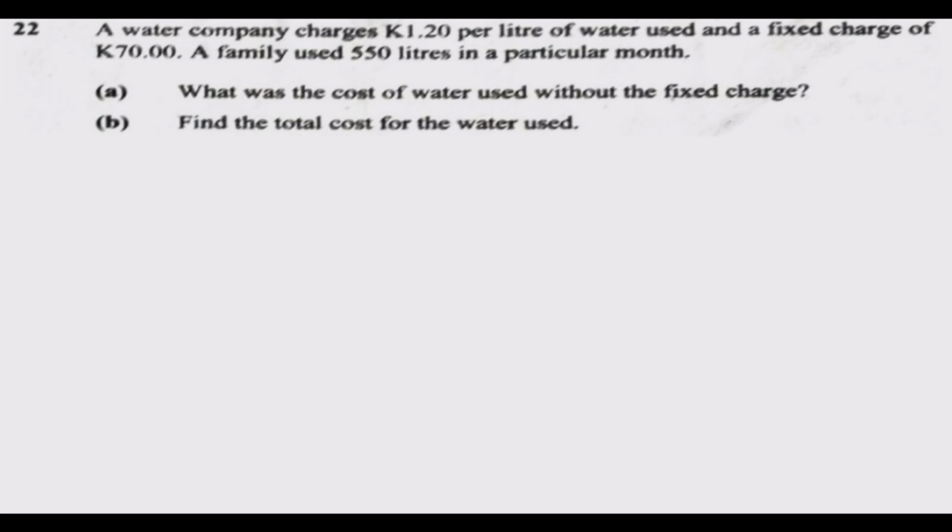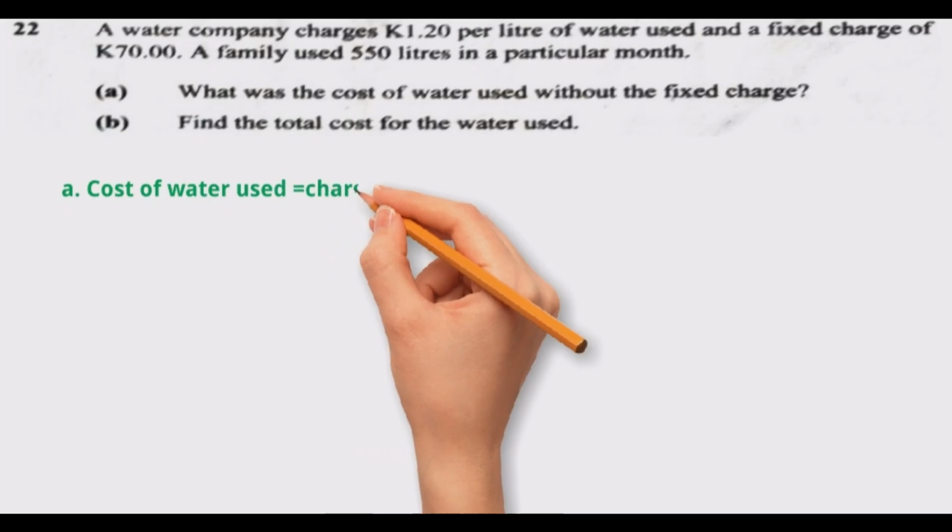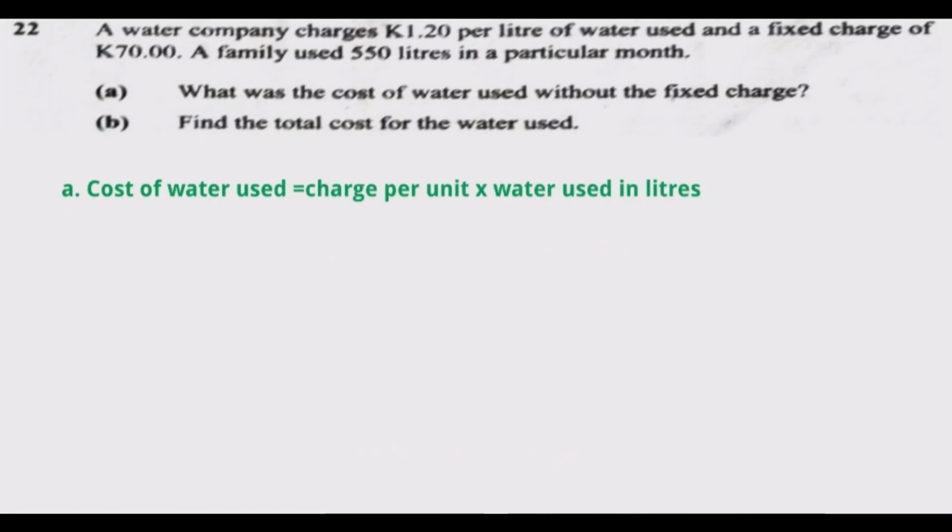Okay, so to solve this one, first we're going to come up with this formula. Cost of water used is equal to charge per unit times water used in liters. So how much is the charge per unit?